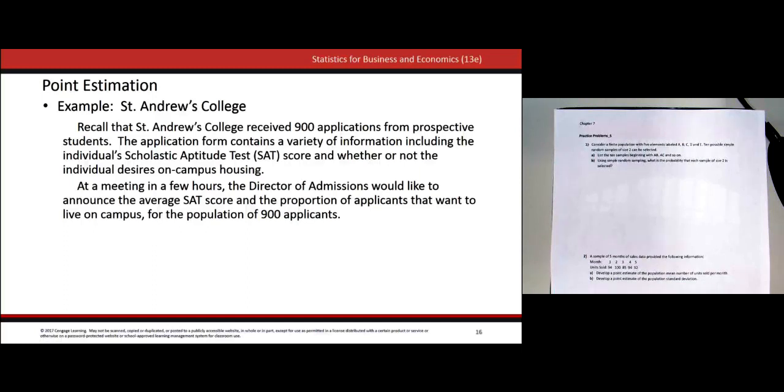Now recall that Steve Andrews College received 900 applications from prospective students. An application form contains a variety of information, including the individual's SAT score and whether or not the individual desires on-campus housing.